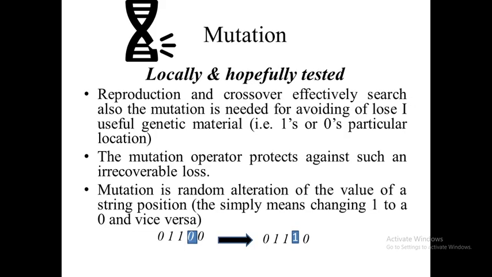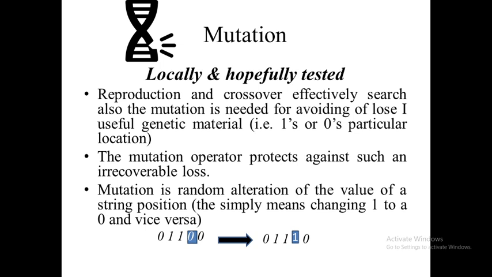Finally, the final operator is mutation. Mutation means locally and hopefully tested. Reproduction and crossover effectively search. Also, mutation is needed to avoid the loss of useful genetic material, that is 1 and 0. For example, in the bottom example of this slide, the string values 0 1 1 0 0 are available.